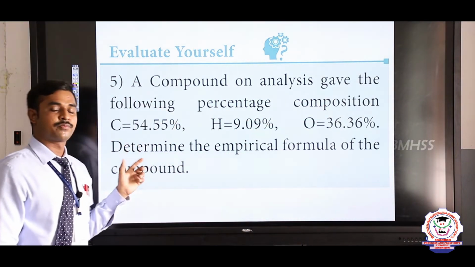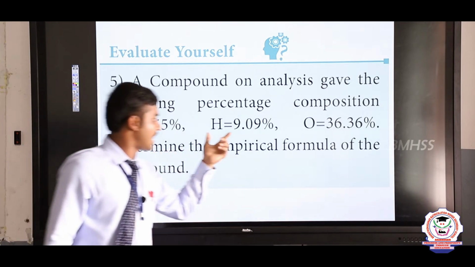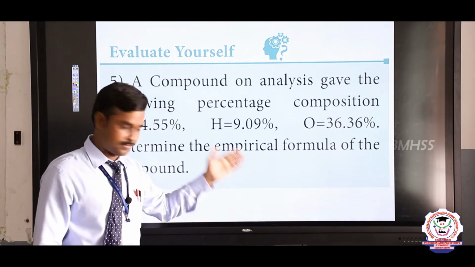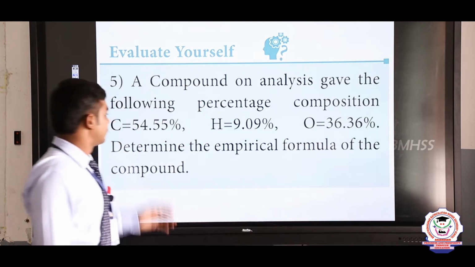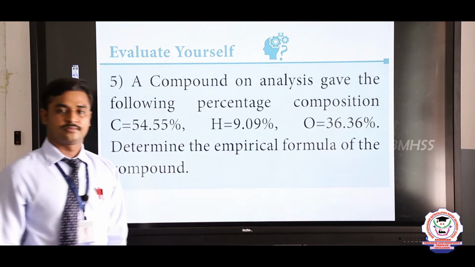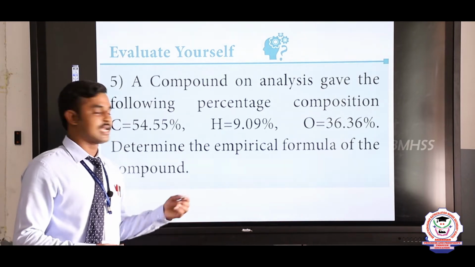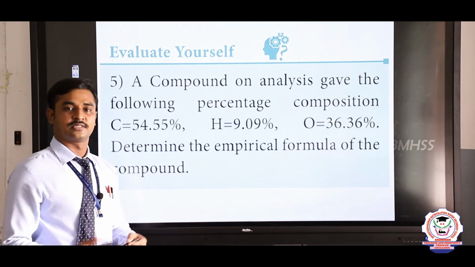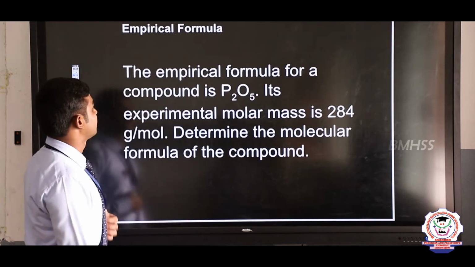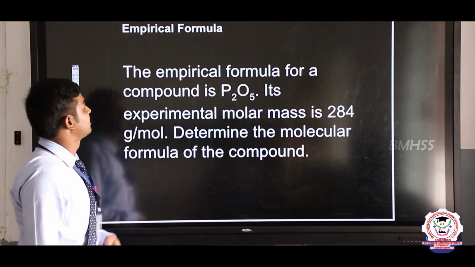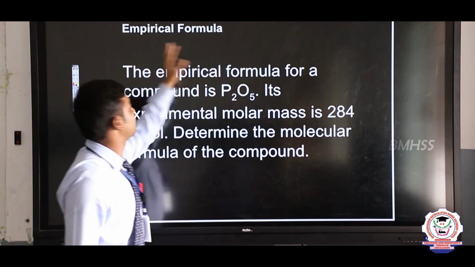Carbon has 54.55 percent, hydrogen has 9.09 percent and oxygen has 36.36 percent. Determine the empirical formula for the compound. Students, write the answer for this sum and send us a photograph for corrections. Our next module is determining the molecular formula from the empirical formula.